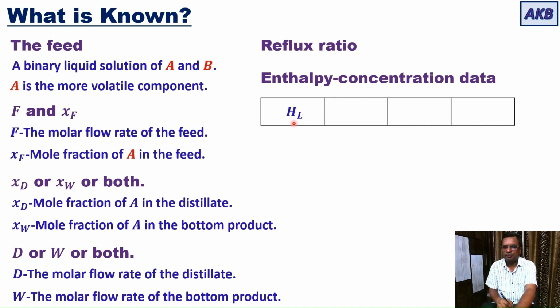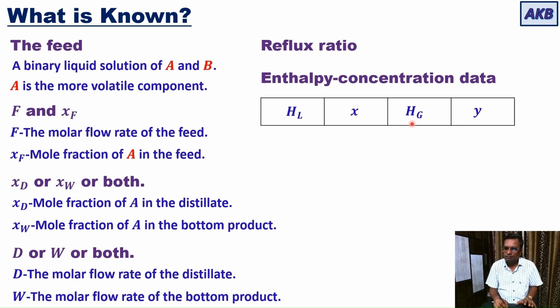You will be knowing enthalpies of saturated liquids and the corresponding mole fractions of A in those liquids. Then you will be knowing enthalpies of saturated vapor and the corresponding mole fraction of A, that is, the more volatile component in those vapors. So HL, enthalpies of saturated liquid, will be known to us. Mole fractions of A in the liquid will be known to us or provided to us.